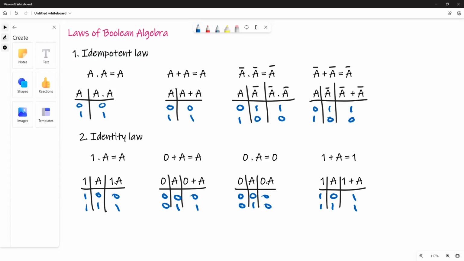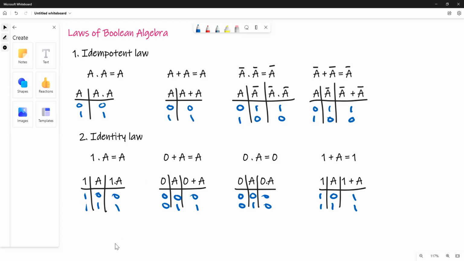The next one we discuss is called the inverse or complement law. Inverse or complement law.